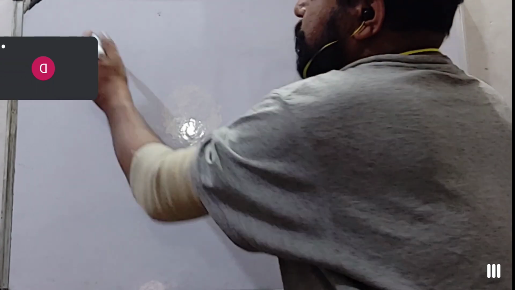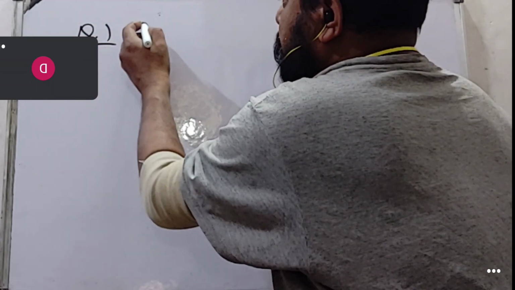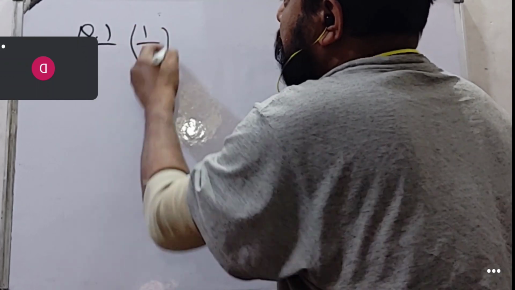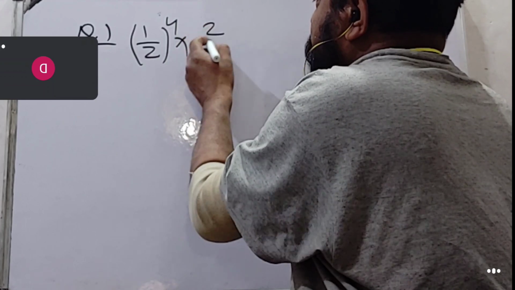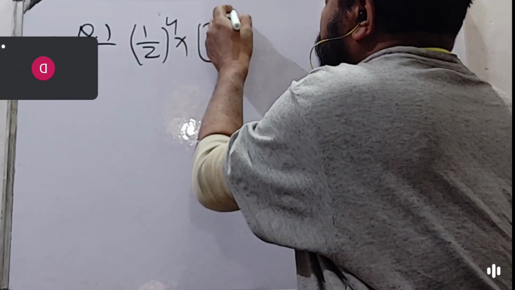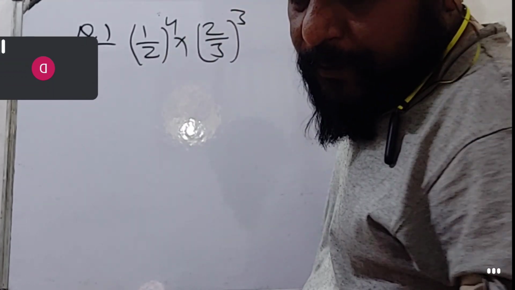So question number 1 we have, that is 1 by 2 whole power 4 into 2 upon 3 whole power 3, right?